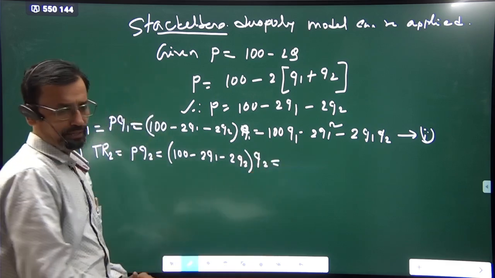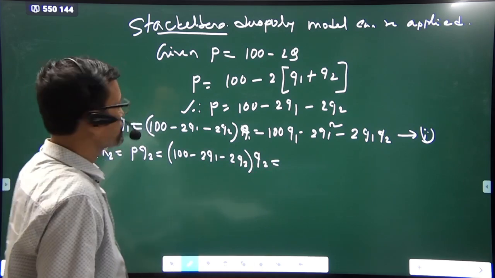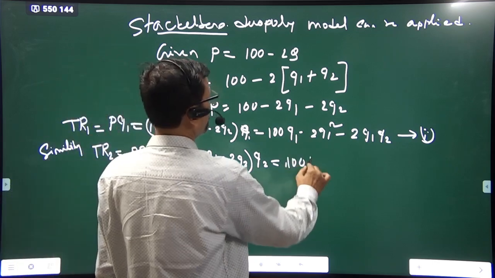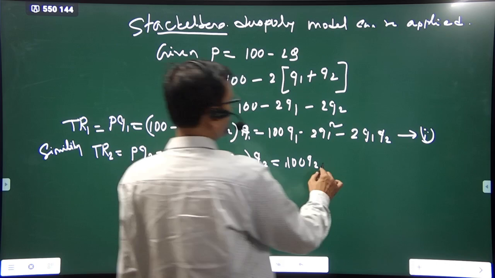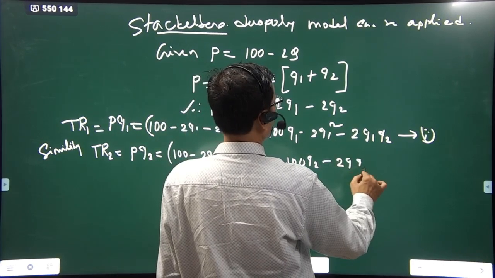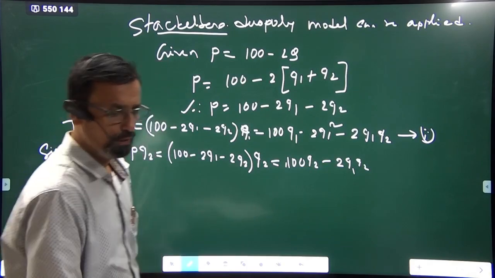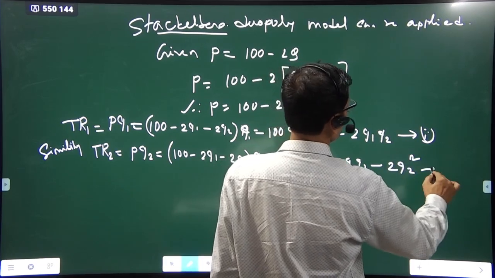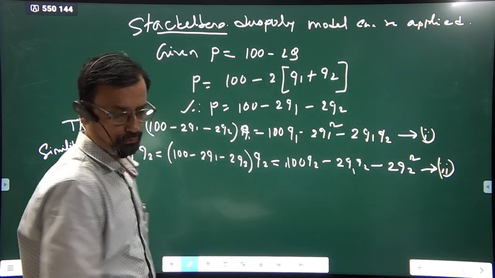So, this is how you will get the total revenue of firm 2, that is 100 Q2 minus 2 Q1 Q2 and minus 2 Q2 square. So, this is the total revenue in firm 2.